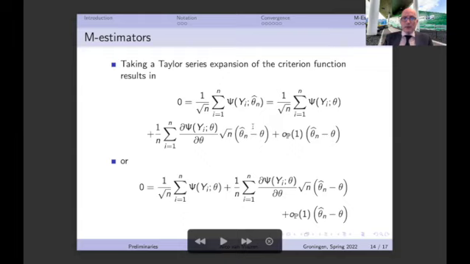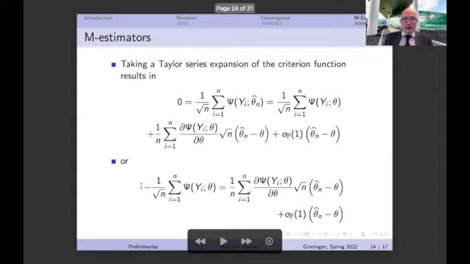You have no idea yet what it is going to be, but what we can do now is try to write it in such a way that I have this thing over here at the left-hand side and everything else on the right-hand side. Well, that I'm going to do over here. Here I just have written down that thing that we have already there. But now what we're going to do is first bring this to the other side in order to get this relationship that we have over here.